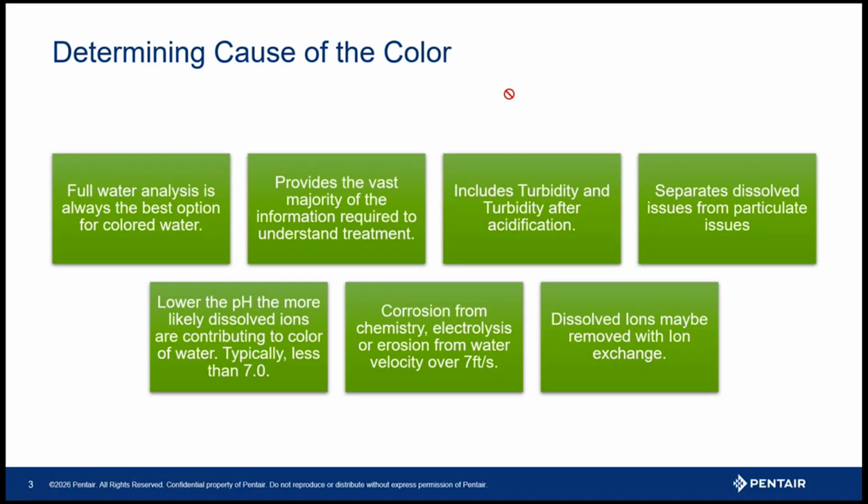And typically you are going to see more ionic color from lower pH waters. The more acidic the water is, the more likely you are to see metals dissolved in it. And this is an issue that may come up for you in something like short-term rental properties with copper plumbing.